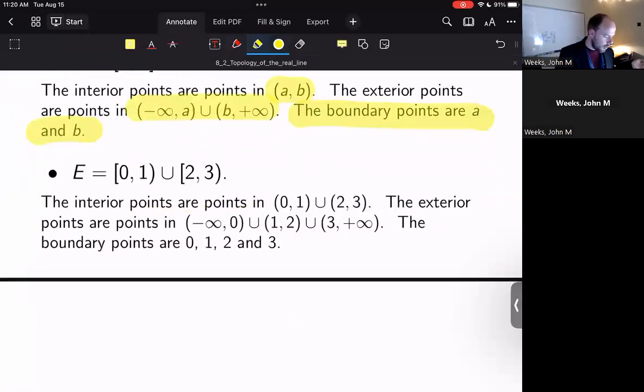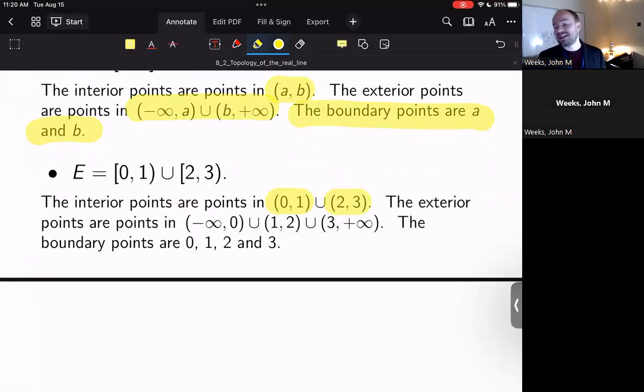And then finally, the set going from 0 to 1, a half open interval, closed at 0 and open at 1, union with the half open interval going from 2 to 3, closed at 2 and open at 3, has its own interior points. The interior points are the open intervals 0 to 1 and 2 to 3. You might notice a little pattern here as well: the interior points are always forming open intervals.